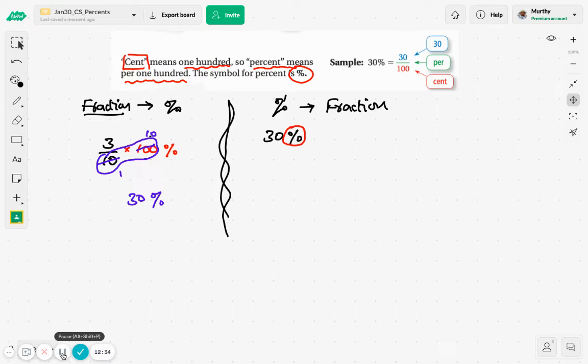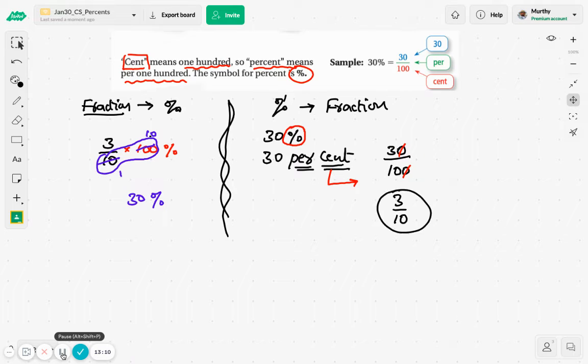Therefore, can I write this as 30 per cent? You know what is the meaning of per and cent? Cent means 100. So 30 over 100. If the last digit is 0, you may strike out the numerator and denominator. Therefore, you are left with 3 over 10.